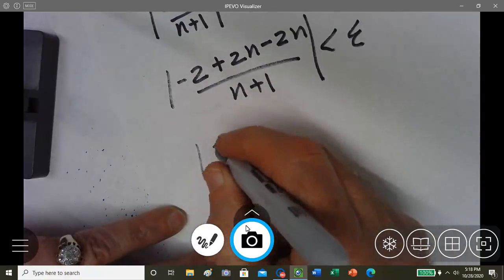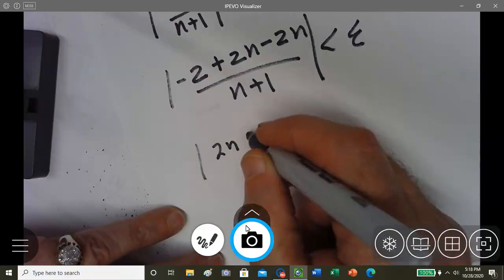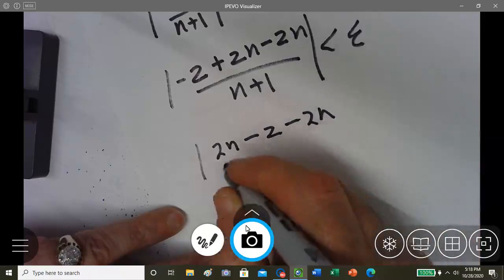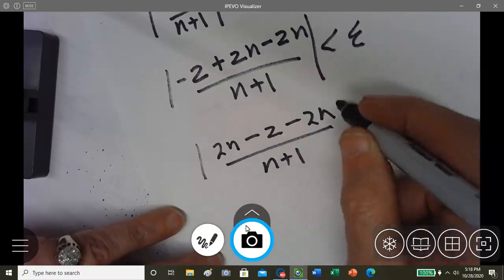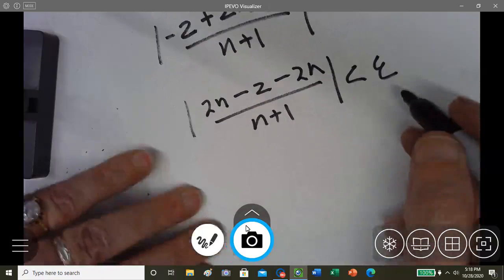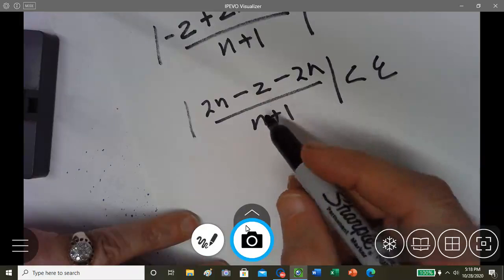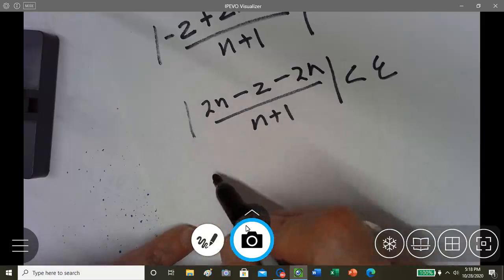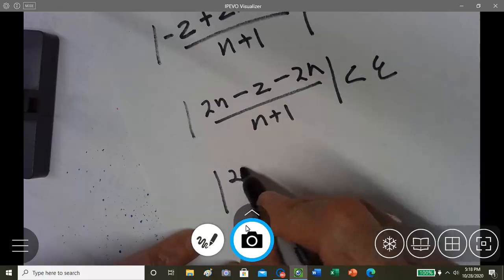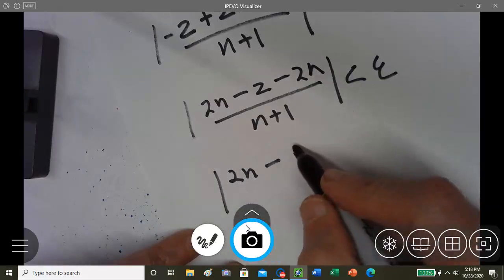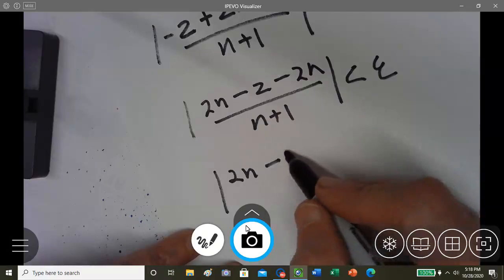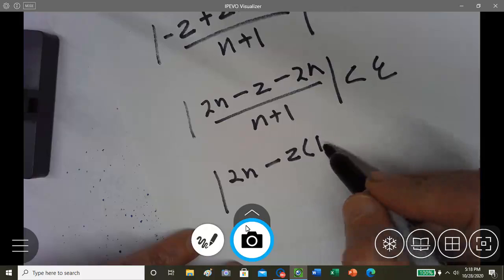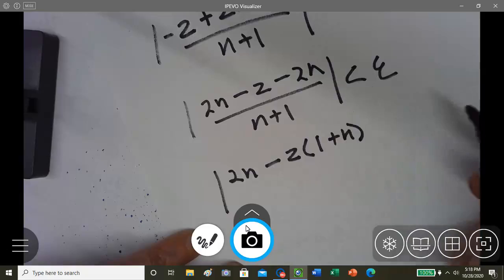So that'll be 2n minus 2 minus 2n all over n+1 is less than epsilon. So from here we can factor out the negative, so that's 2n minus, and then factor out a -2. So that leaves us with 1 plus n, or n+1, either way.